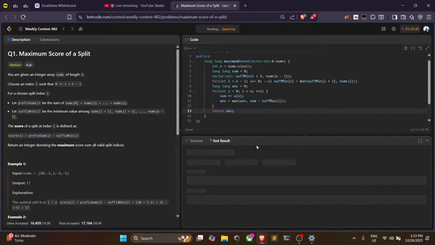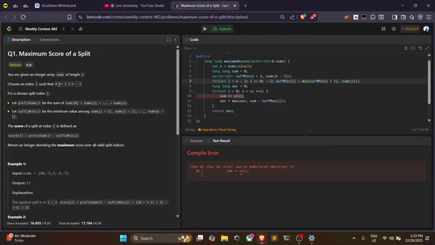Let's check. I'm also not sure about this last position. Yeah, they just tell that we can't be at the last position, so we don't need this one, I think. Yeah.